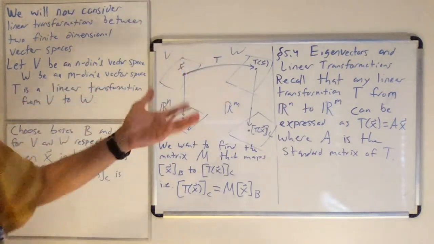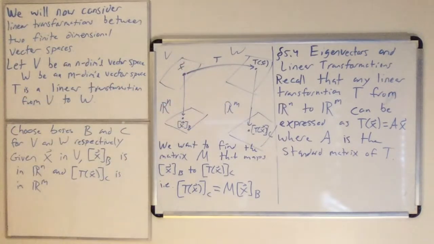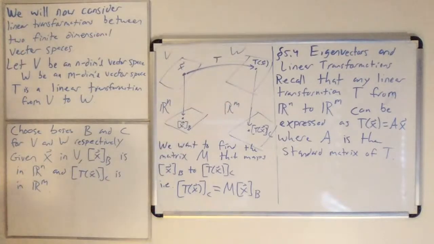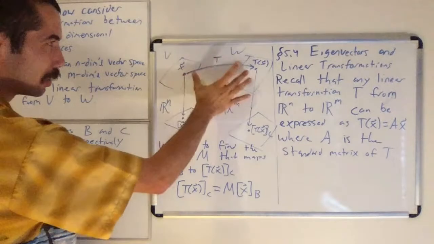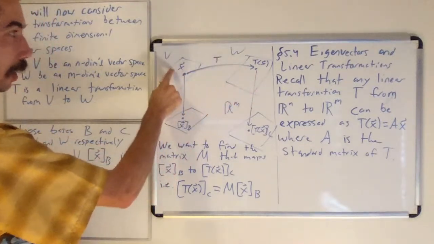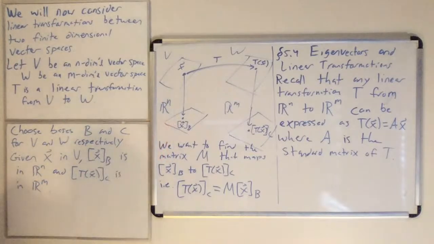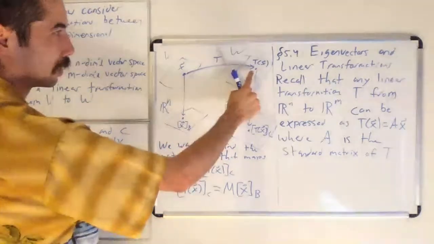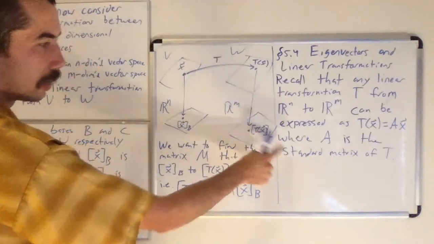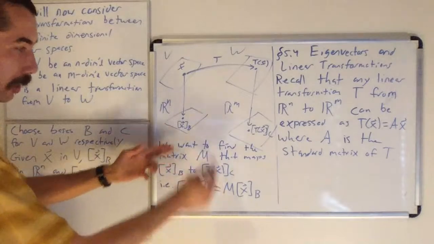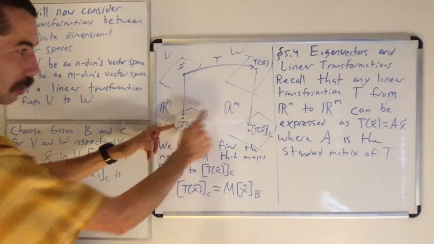Here we want the equivalent of a standard matrix when we're dealing with just two abstract vector spaces, V and W. We're not really sure how to do that, but we do know how to treat a vector in V as a point in Rn. Those are the B coordinate vectors. And similarly, we know how to treat a vector in W as a point in Rm. That's the C coordinate vectors. So now we just want to find the matrix that maps this vector over to this vector.